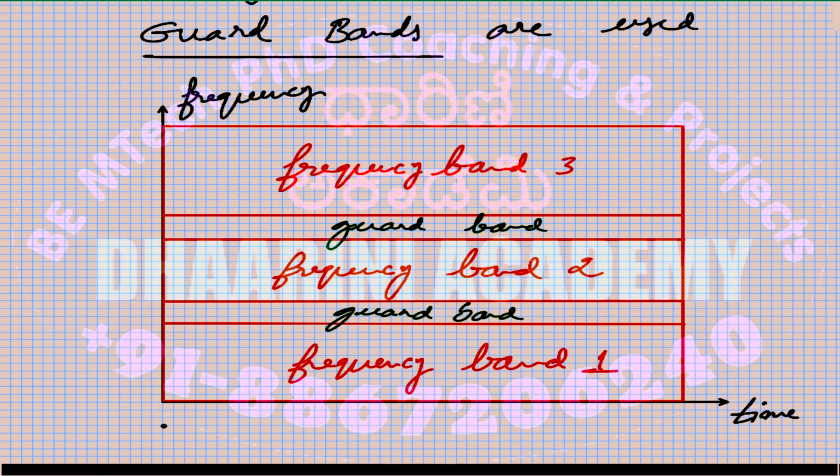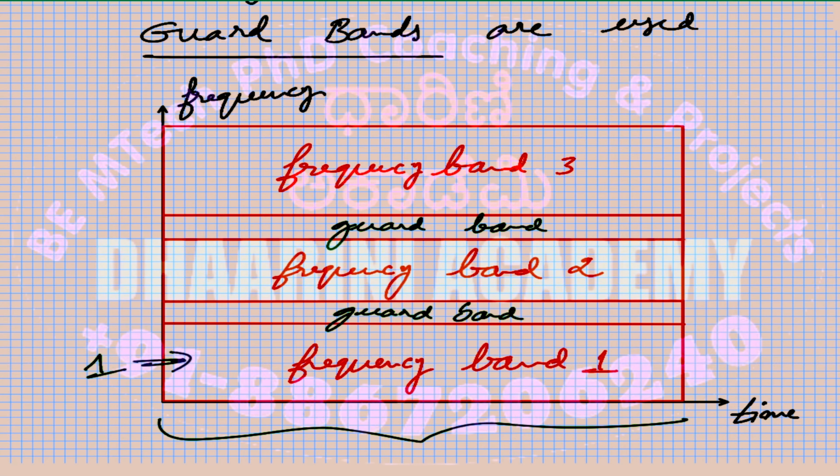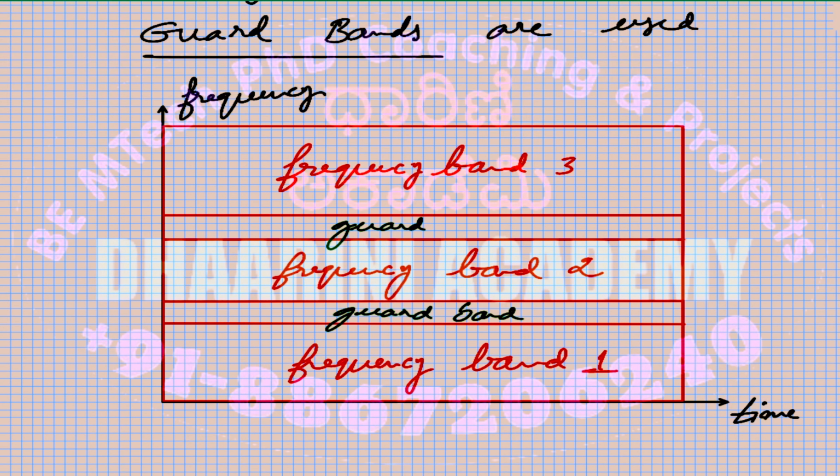So throughout the communication channel, user 1 can use this, user 2 can use frequency band number 2, and user 3 can use frequency band number 3, and so on. However many users you have, that many frequency bands you create within the allocated band of communication.